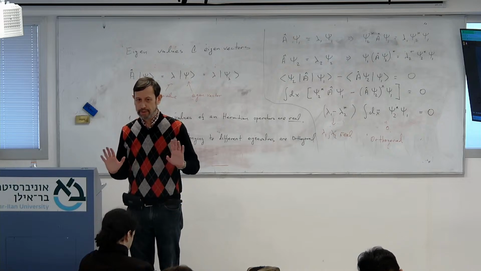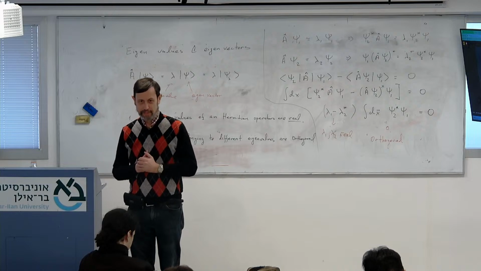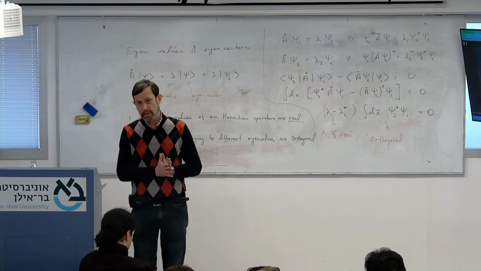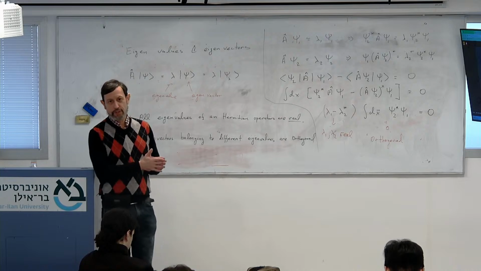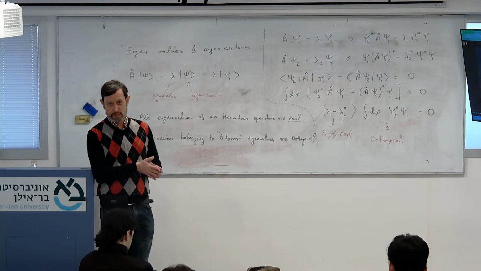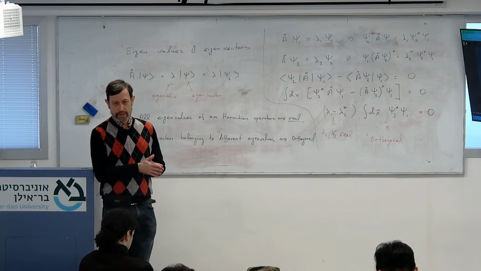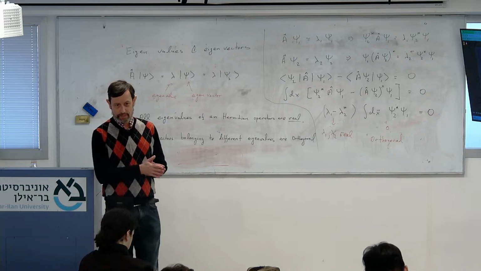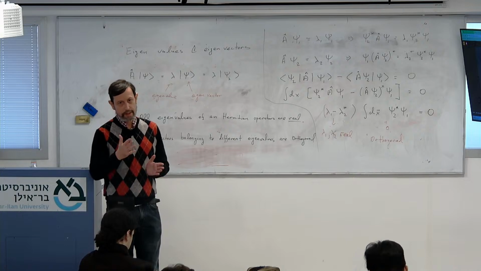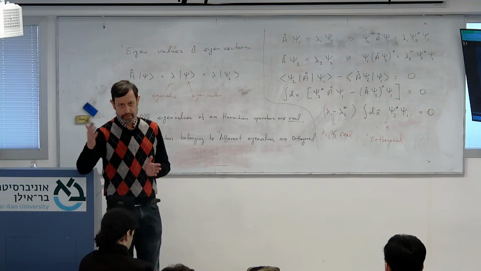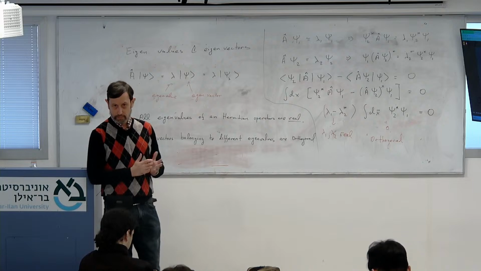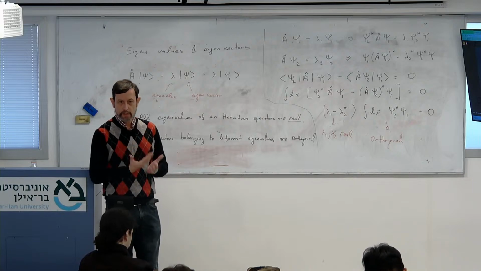I didn't say the word base, that will come further on. No, I'm asking, let's assume I have two functions, psi 1 and psi 2, that both belong to the same eigenvalue. They are not just a trivial multiplication by a constant. That can happen. That's known as degeneracy.